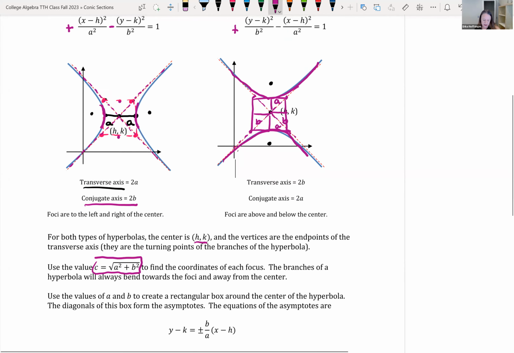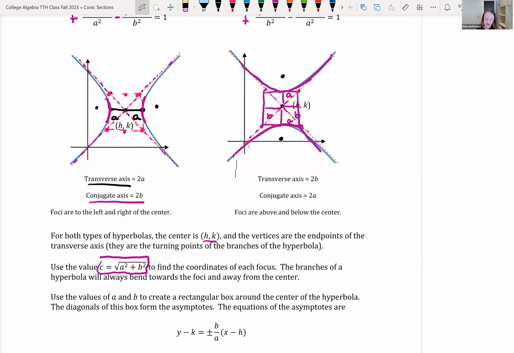They have a formula in front of you so that you can find the equations of our asymptotes. I don't have those memorized, but I know that asymptotes have to go through the center, and I could find one or both of those points on that box, and I know how to find the equation of the line given two points. I can find the slope, I can find the y-intercept, and I can put it in the form y equals mx plus b.